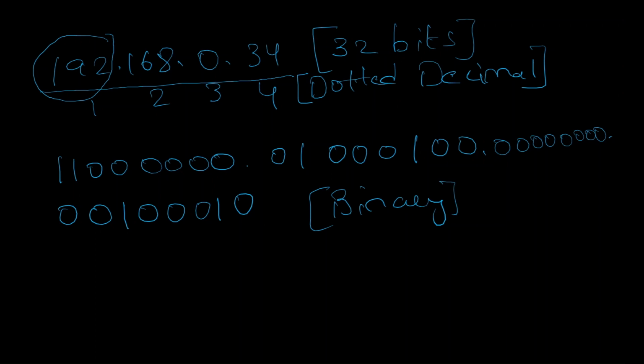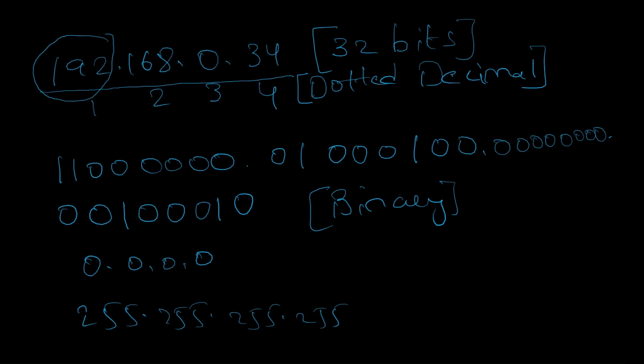Let me tell you the range of IP addresses. They range from 0.0.0.0 to 255.255.255.255. This is the range of IP addresses available to us.